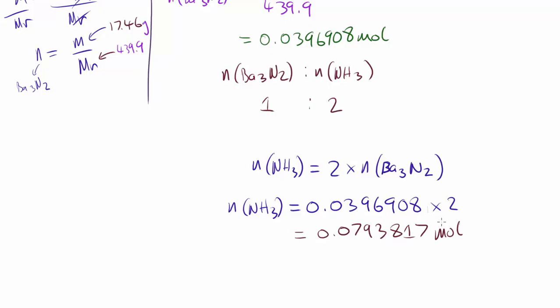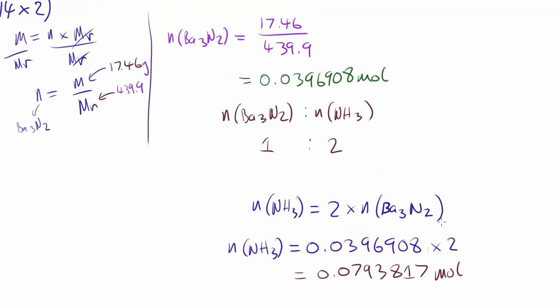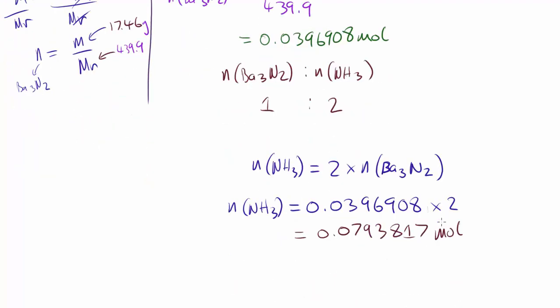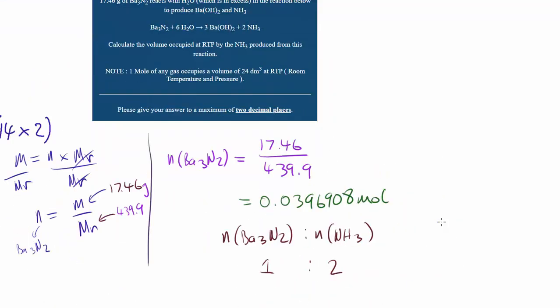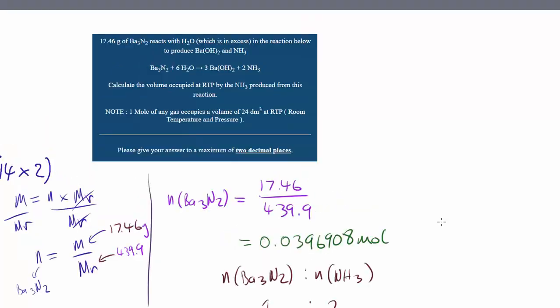Okay, so we've made quite a bit of progress at this stage, but even though we achieved the amount of substance goal, we still need to achieve the volume goal. So we still need to work out what's the volume occupied by the NH3, right?